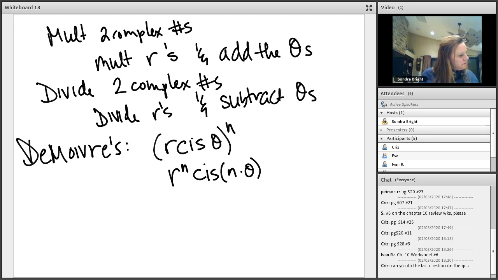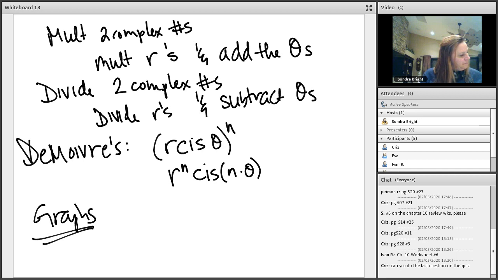And so you saw, even if we give you a rectangular complex number, the easiest way is to change it to polar, raise it to the power, and then do that. What else? Make sure you know those graphs, from the equation to a graph. There's all kinds of them.